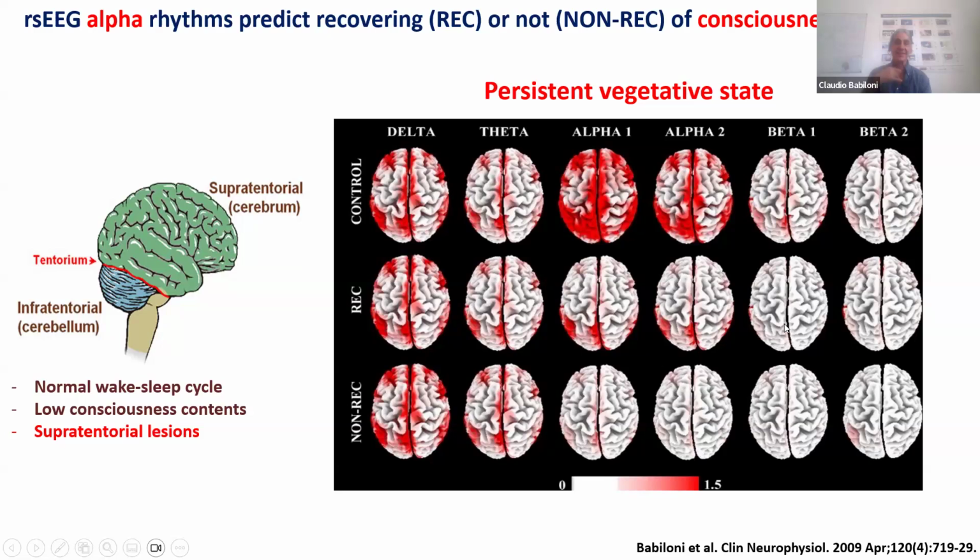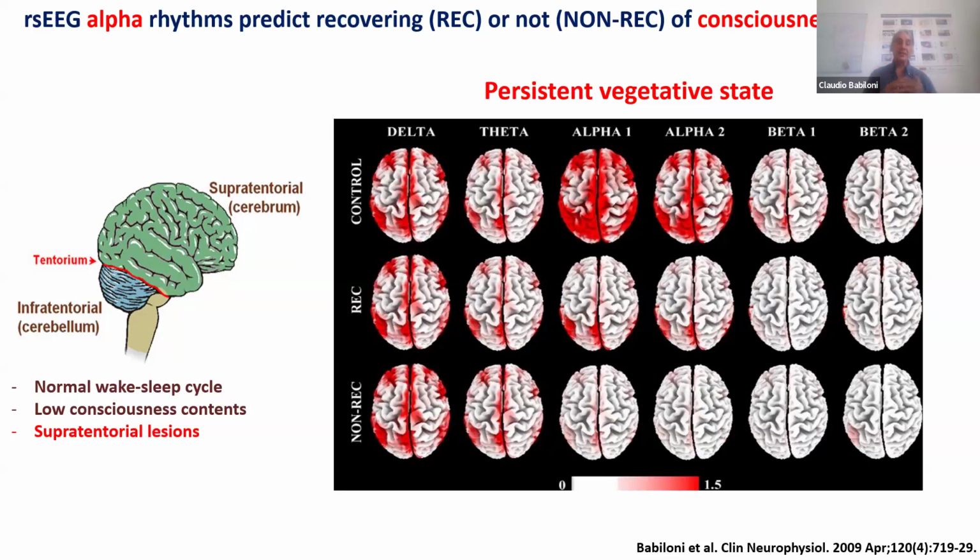But during the resting state EEG recordings, the patients of the middle line or bottom line did not have any consciousness of the environment. And in the bottom line, you see the patients who will not recover the level of consciousness after 3 months show even more reduction of alpha source activity in the resting state, eyes closed.